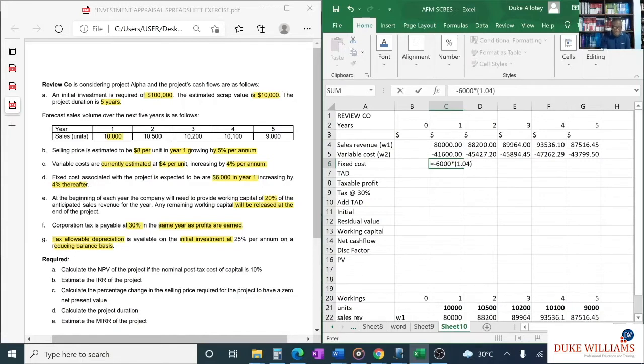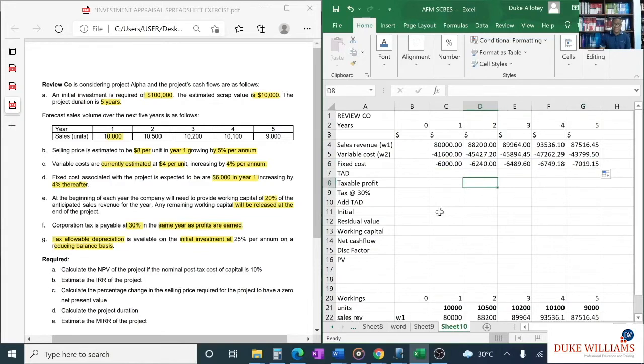Again, because that starts from year 2, I'm going to reference that to this, and I have negative 6,000, and I can literally just do this, and there I go. I have those figures there beautifully.